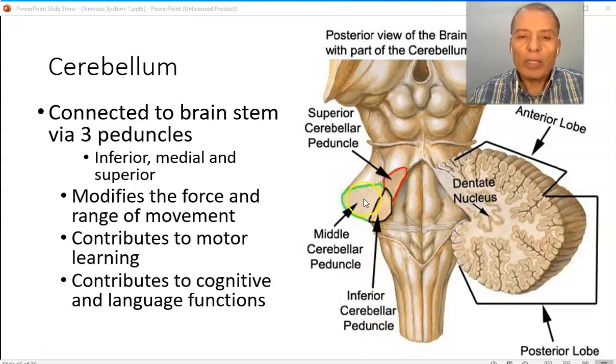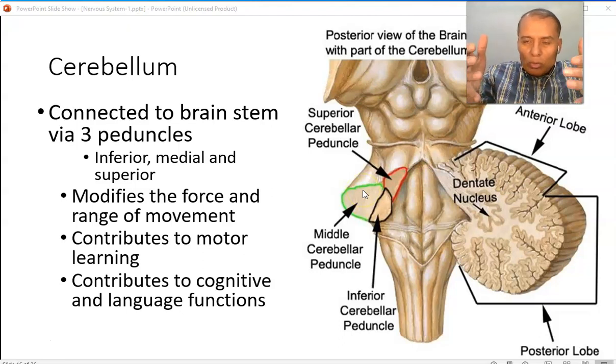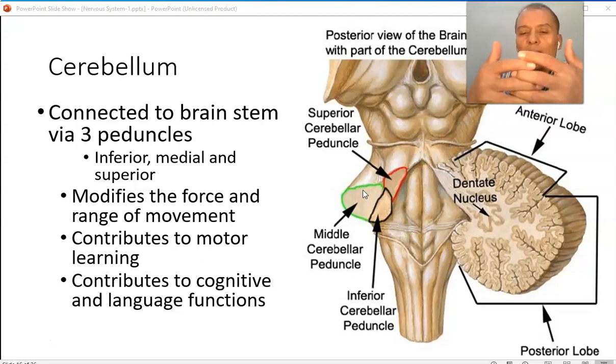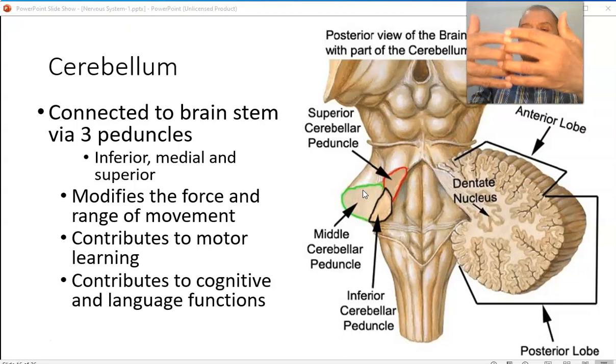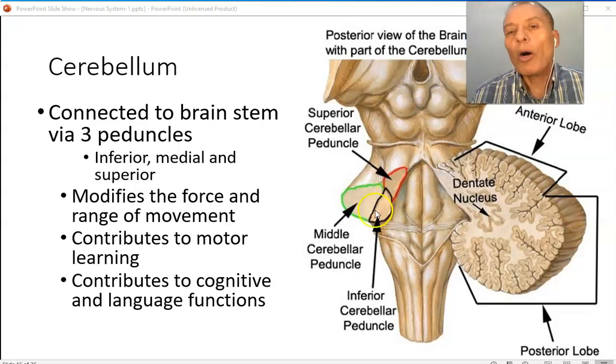And then you have the middle cerebellar peduncle that goes anteriorly and wraps around the brainstem, and then connects on the ventral aspect and forms the pons.